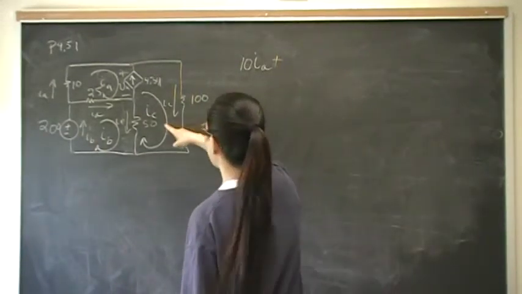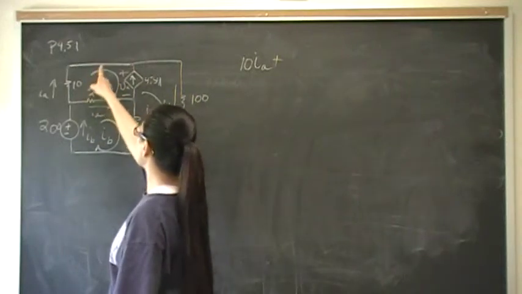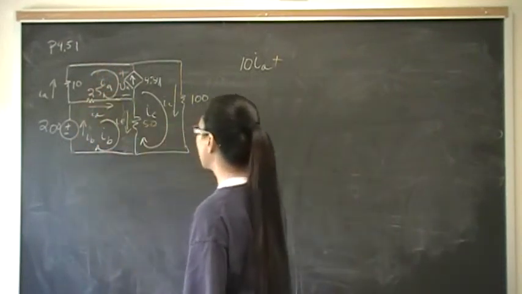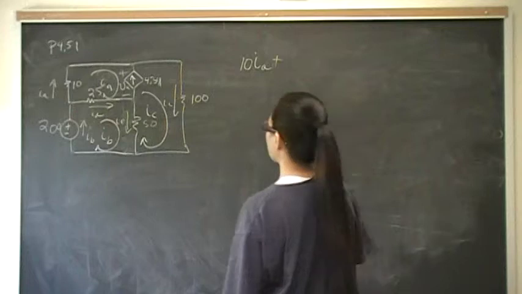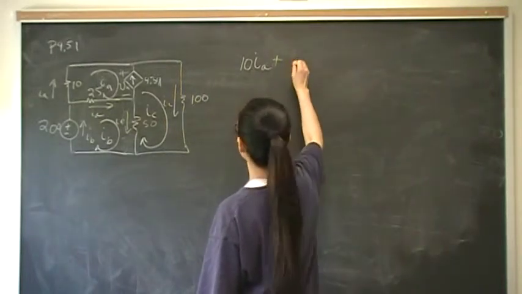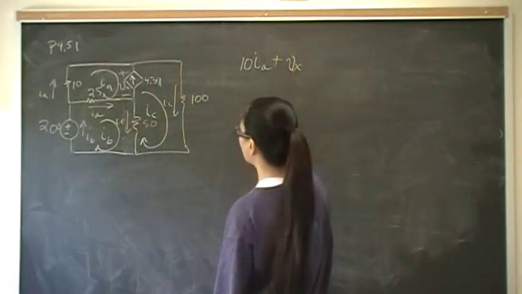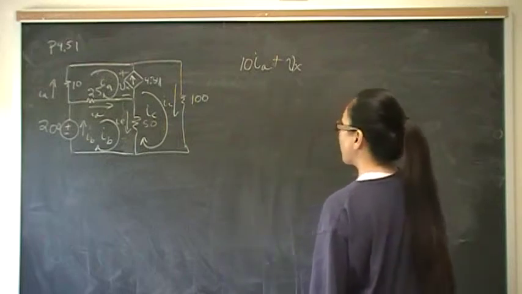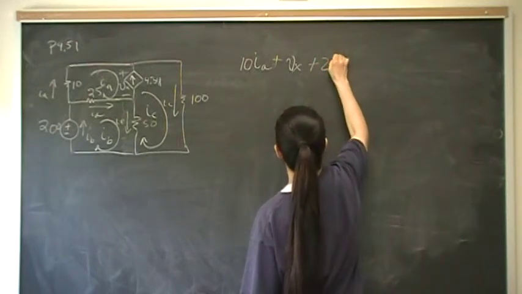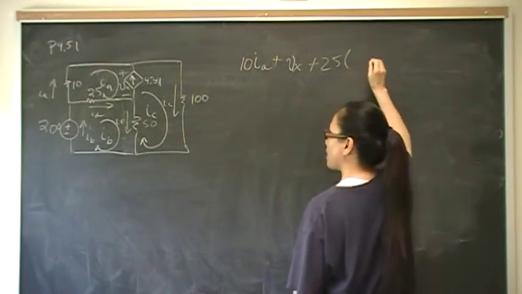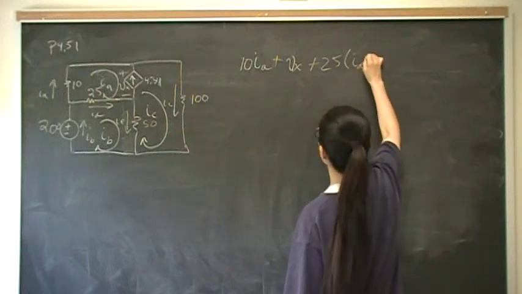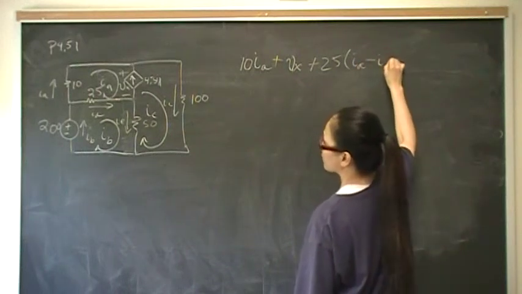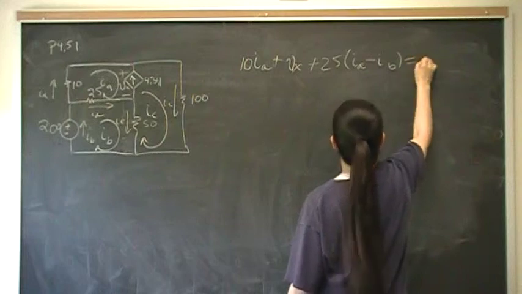We're going to say the current enters the positive terminal of the current source, so that's going to be plus some Vx. We don't know what that Vx is. And then the last voltage drop is across the 25 ohm resistor, and the net current across that is IA minus IB. All that has to equal 0.